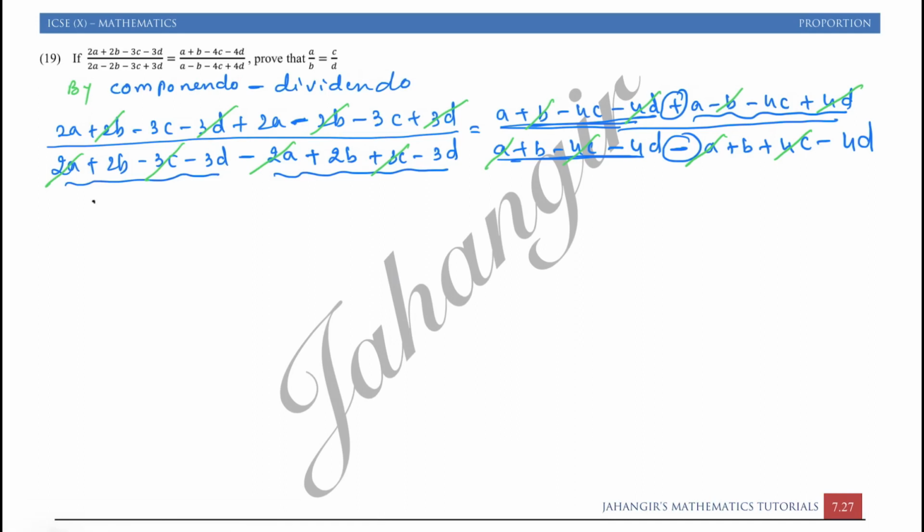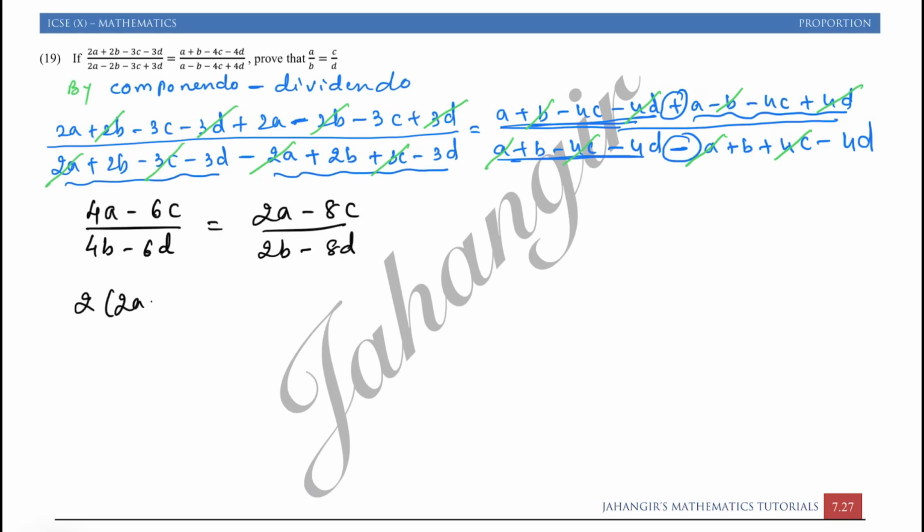Now what is left? 4a minus 6c upon 4b minus 6d is equal to 2a minus 8c upon 2b minus 8d. So taking 2 common, you will get 2a minus 3c upon 2b minus 3d is equal to 2 common, a minus 4c upon 2 common, b minus 4d.